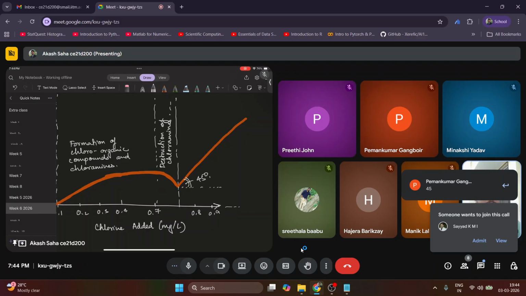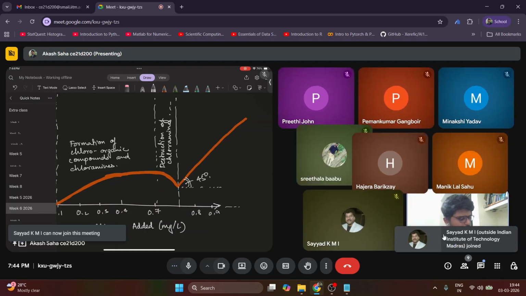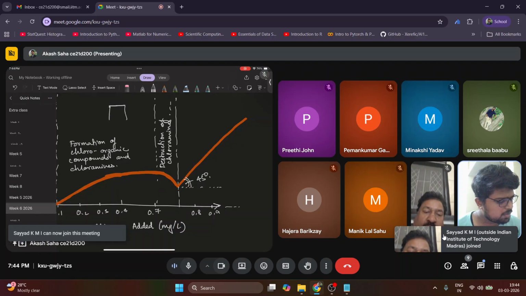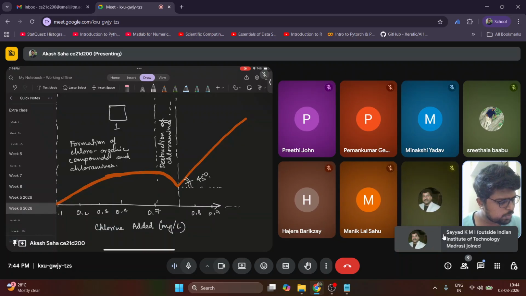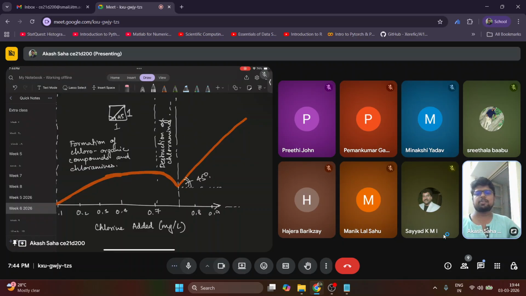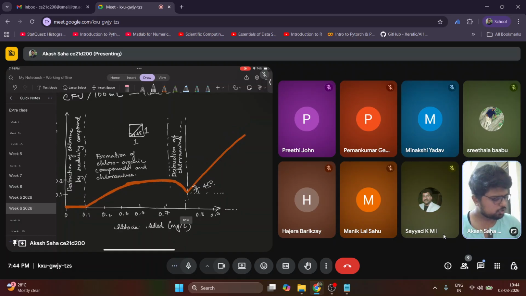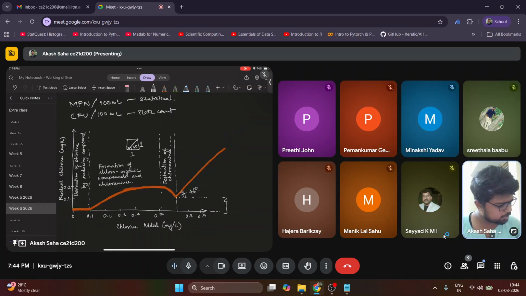45 degrees. Because if we see any square of one unit, the angle which is formed will always be 45 degrees. So that's why it will be 45 degrees, not some other. Okay, so this is the unit. This particular part, whatever was remaining after the addition, is called the breakpoint chlorination.